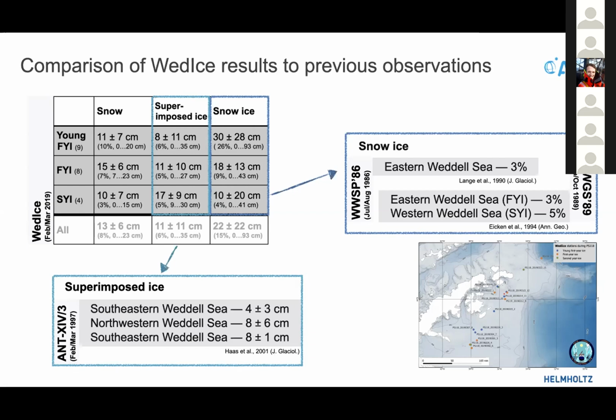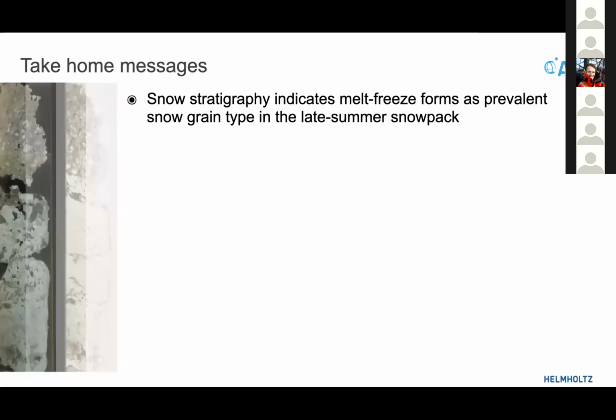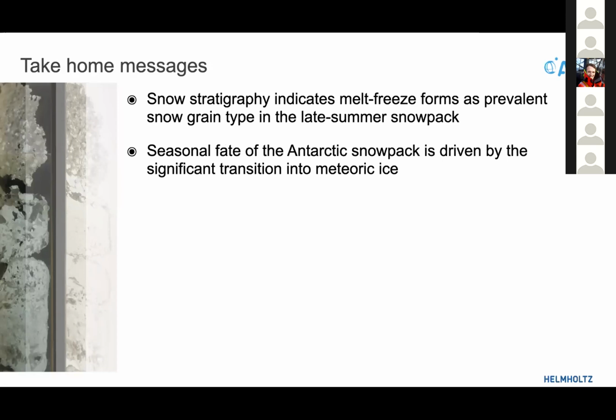So putting all these together brings me to my take-home message. We saw that the snow stratigraphy indicates melt-freeze forms as the prevalent snow grain type in the late summer snowpack, which we also expected beforehand. We saw also that the seasonal fate of the Antarctic snowpack is driven by the significant transition into meteoric ice.